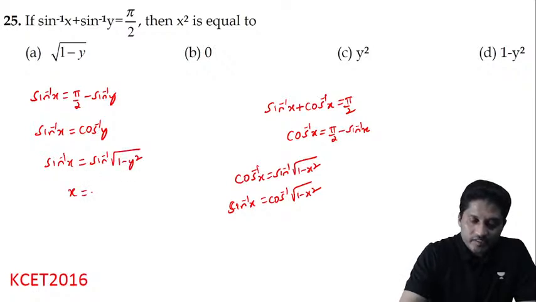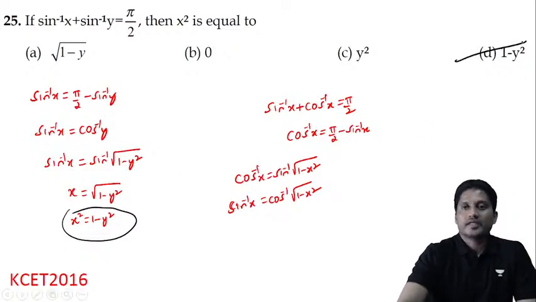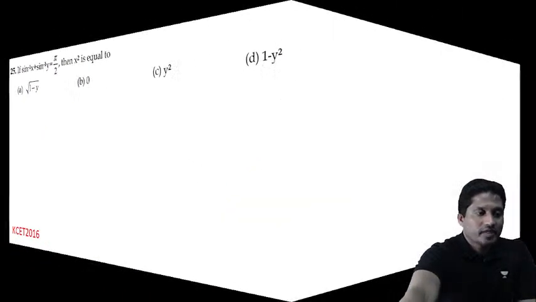If you equate, you get x is equal to root of 1 minus y square. Square on both sides, you get x square is equal to 1 minus y square. It's asking what is x square only, right? So x square is equal to 1 minus y square is the answer. Answer is option D. Let's move to the next question.